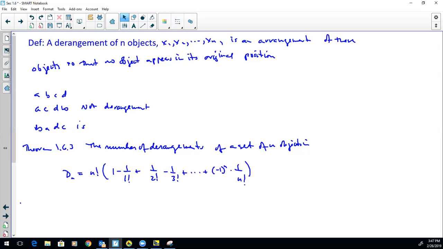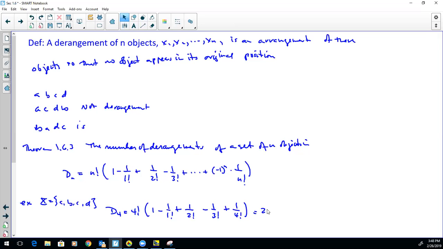So the only example I'm going to do here is if we have our set X be the four elements A, B, C, D, where A, B, C, D is the original position, then the number of derangements is 4 factorial times 1 minus 1 over 1 factorial plus 1 over 2 factorial minus 1 over 3 factorial plus 1 over 4 factorial.